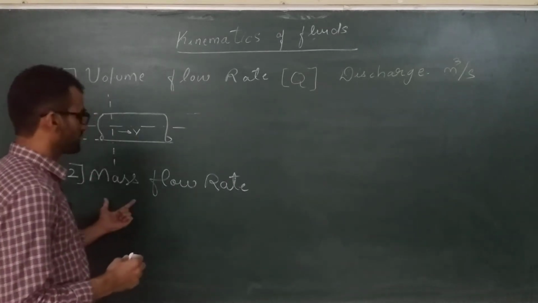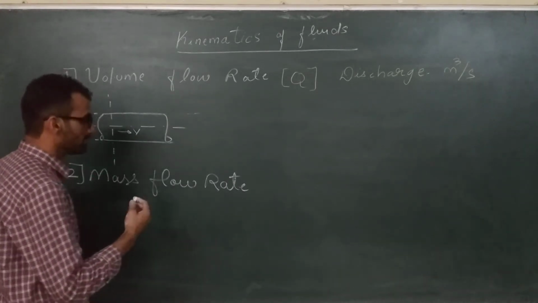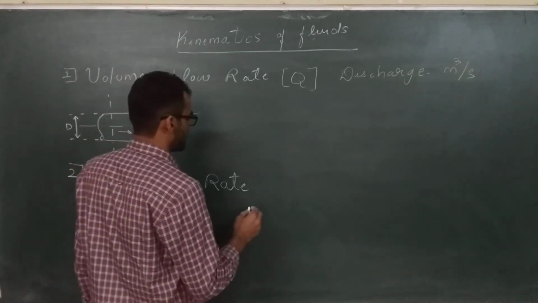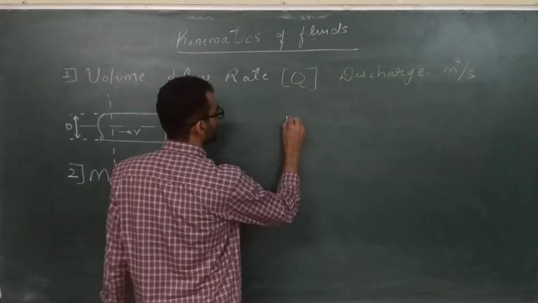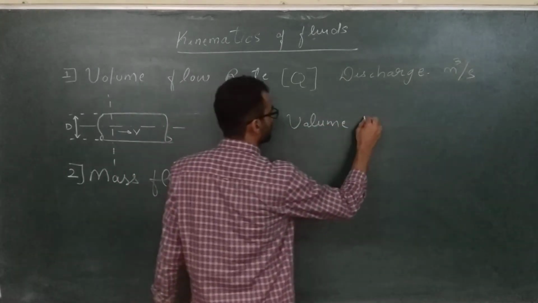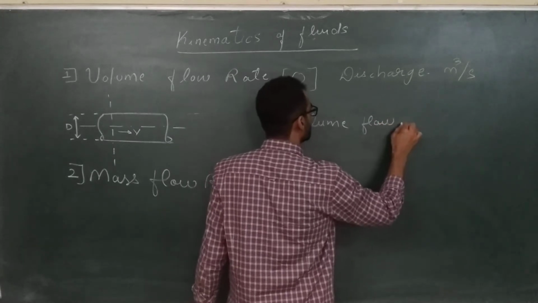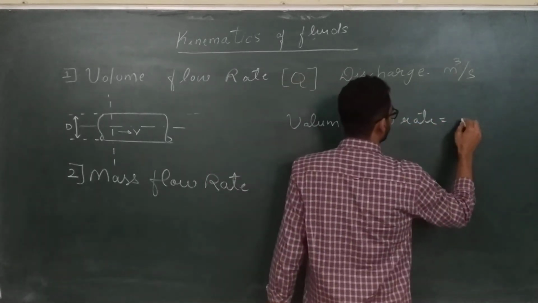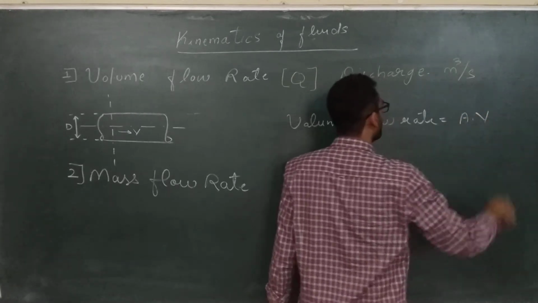So how to find this mass flow rate? You see, we know what is the volume flow rate. What is the volume flow rate? It is area into velocity.